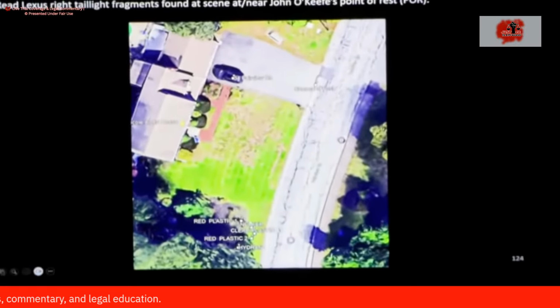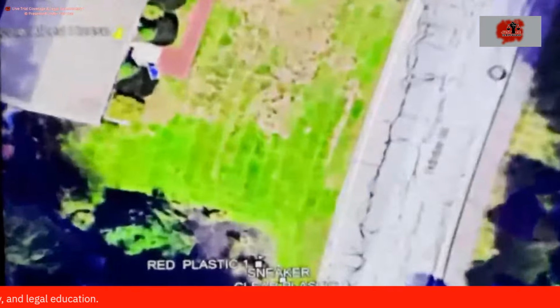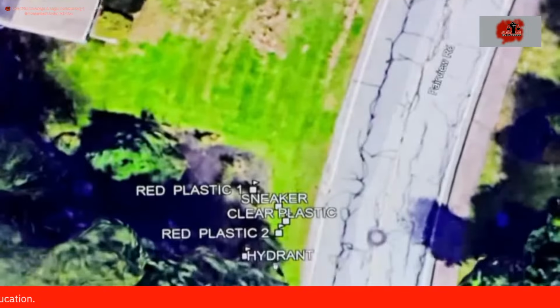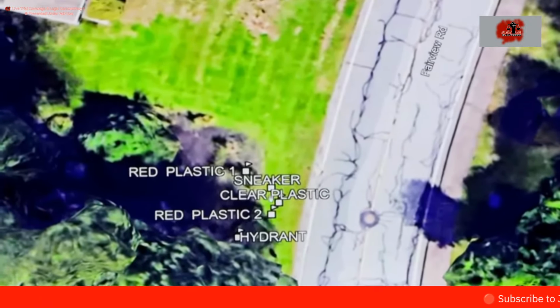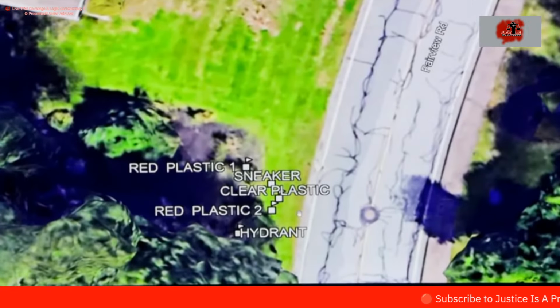So this is some of the location of the physical evidence. Red plastic, clear plastic. There, his point of rest was indicated to be 7 feet off the roadway.